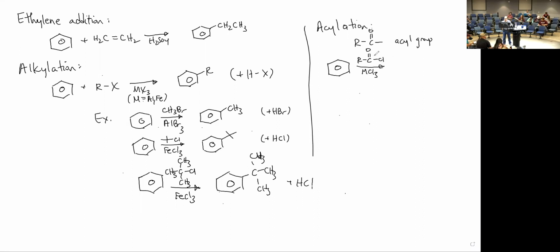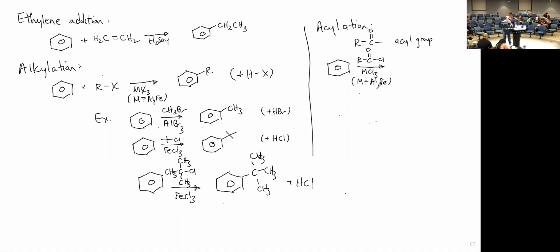Could this be a bromine instead of a chlorine? In principle, yes, but in real life, acid bromides are very rare and hard to get your hands on and pretty unstable. Acid chlorides, on the other hand, are very, very common. Thousands exist commercially, and you can easily get your hands on them. So I think in practice, you'll find this is always chlorine. But again, the metal can be either aluminum or iron 3. That part stays the same.